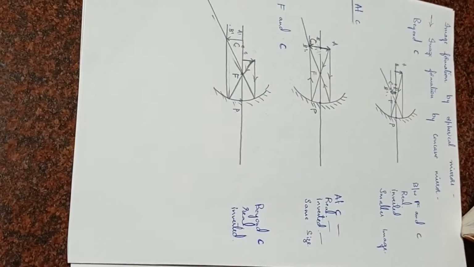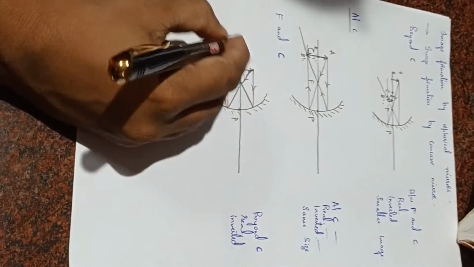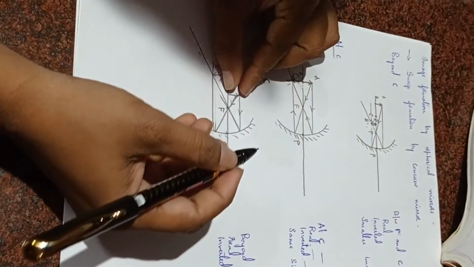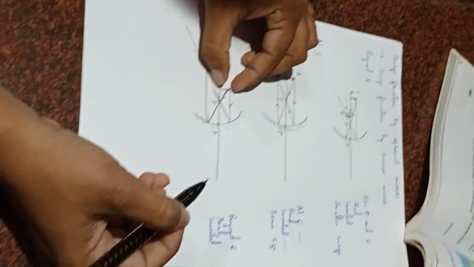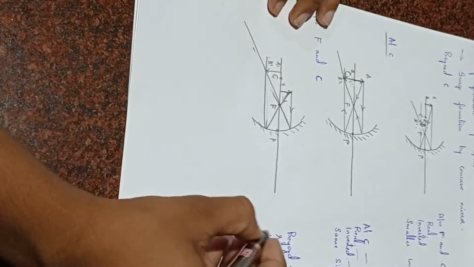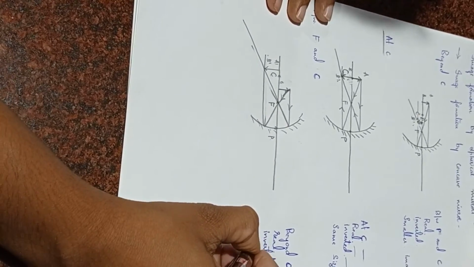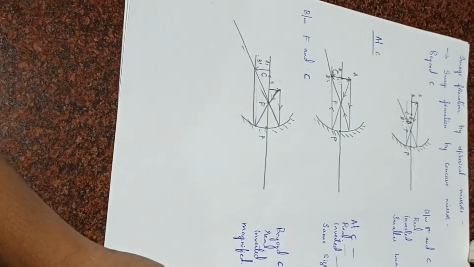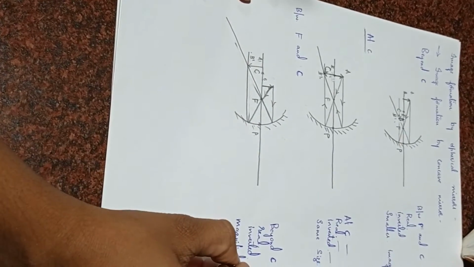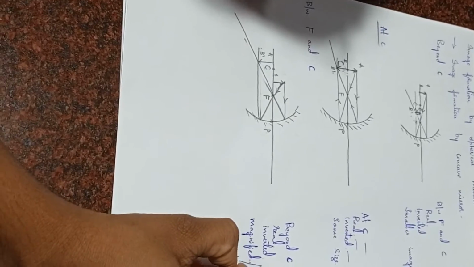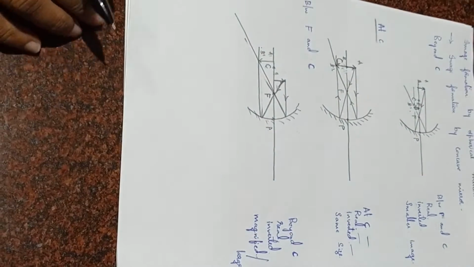Now, what is the size of the image? As you can see, comparing the size of the object and the size of the image, you will get a magnified image. Magnified means the size of the image is larger than the object.